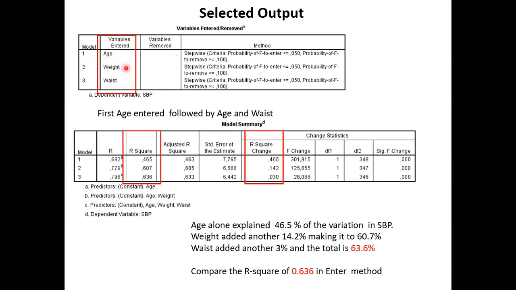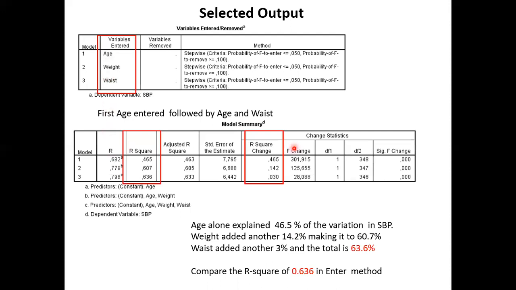Weight comes in. Step three? Waist. What happened to BSA? Did BSA come in? It stops at model 3, right? It means when these variables are already in the model, BSA does not explain much.